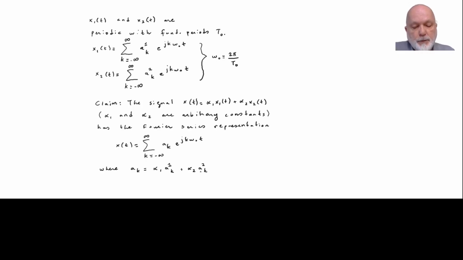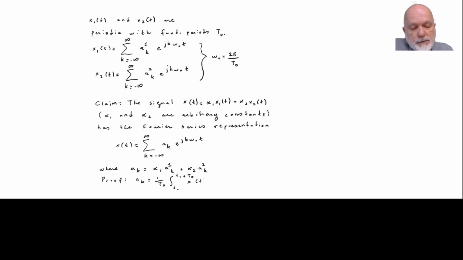Now, we can prove this claim by just noting that the proof of the claim is quite straightforward as follows. In fact, ak is equal to 1 over t0, and you integrate over any possible period. As long as you integrate over a period, you are okay.